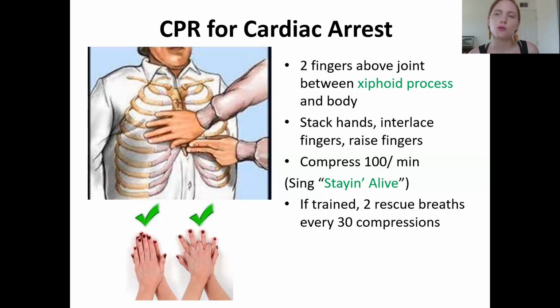If you're not trained, you want to just do the compression part, not the breathing part, because the most important thing is that you get the rhythm correct. What you're going for is 100 beats per minute, which is Staying Alive. Just keep pushing and pushing until you get help. Okay, so body right there.